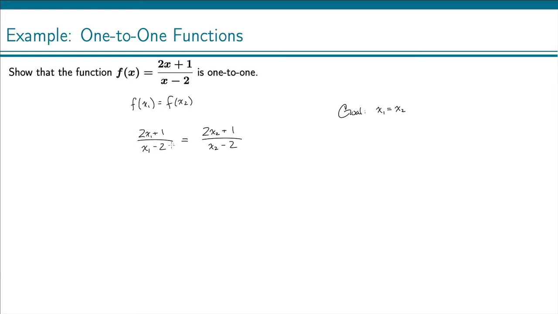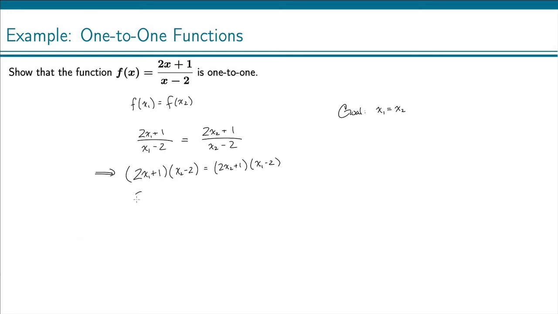Let's just start by cross-multiplying here. All right, so we've got 2x1 plus 1 times x2 minus 2 equals 2x2 plus 1 times x1 minus 2. Okay, now I've gotten rid of fractions, which is nice. Let's go ahead and distribute everything so it's a little bit easier to work with here.